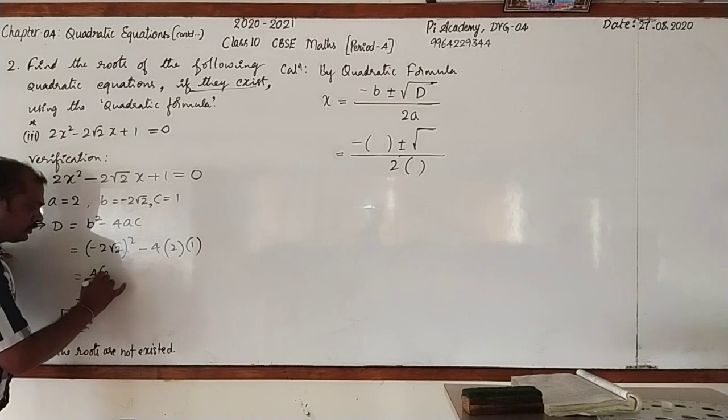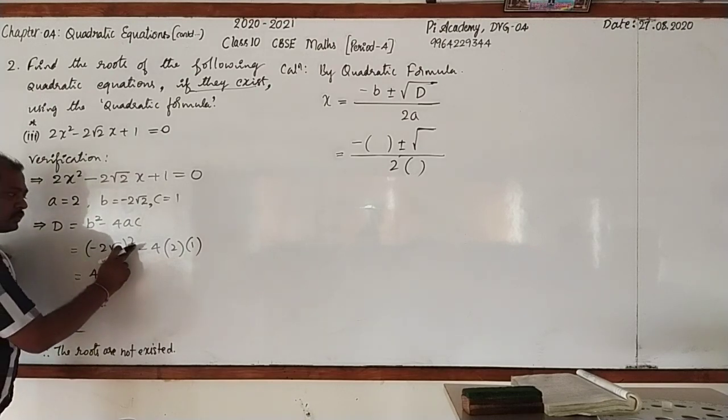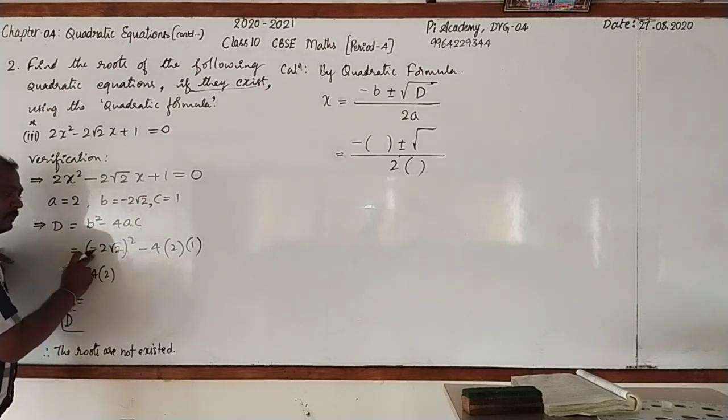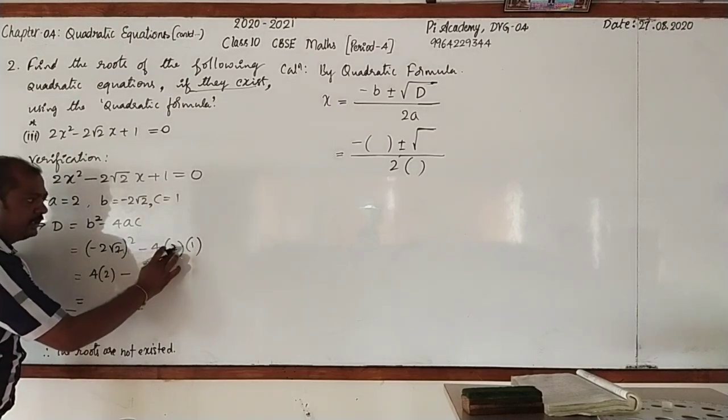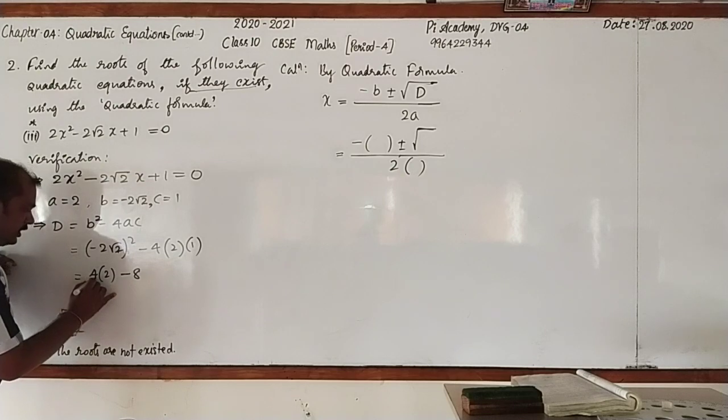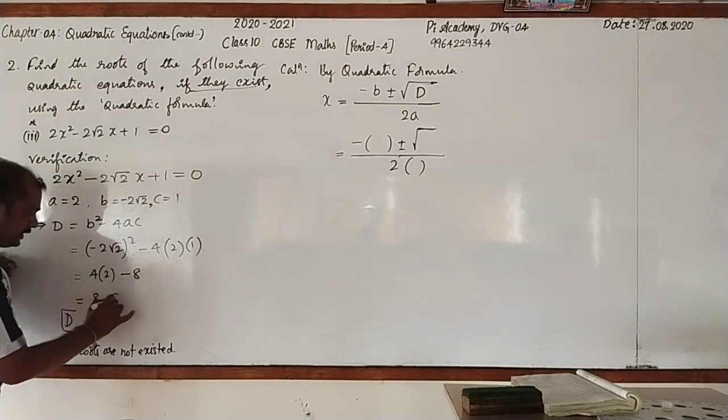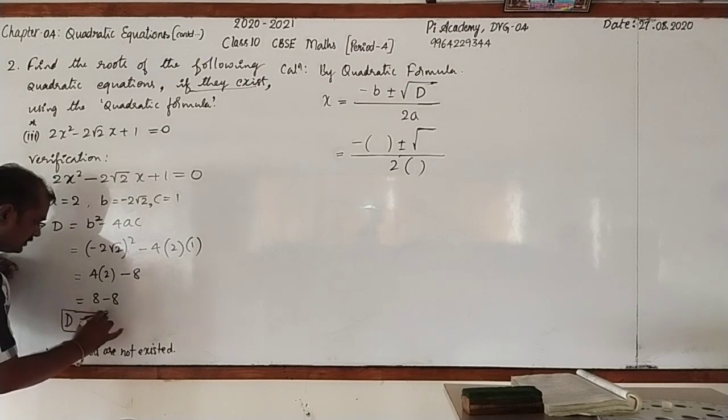Root 2 whole square is 2. Square should be applicable to minus 2 and root 2. Minus 4 2s are 8, 8 1s are 8. 4 2s are 8, minus 8, 8 minus 8 is 0.